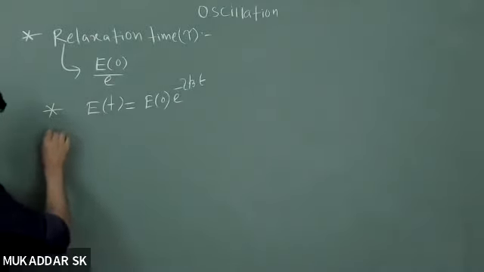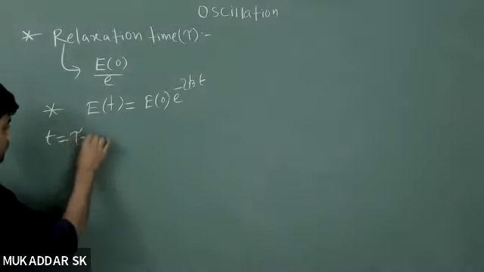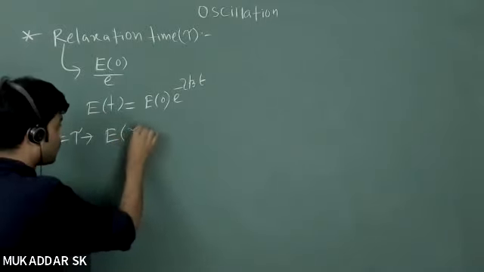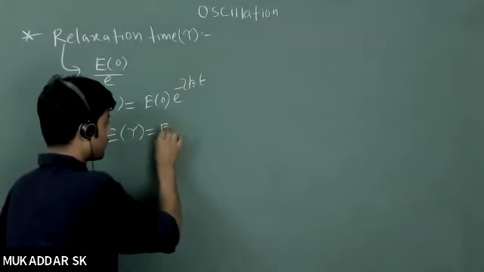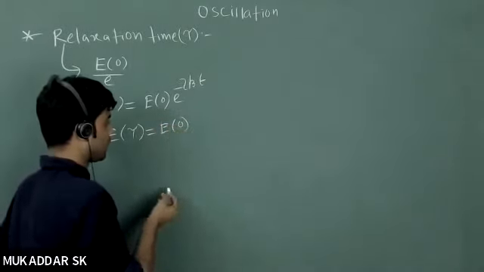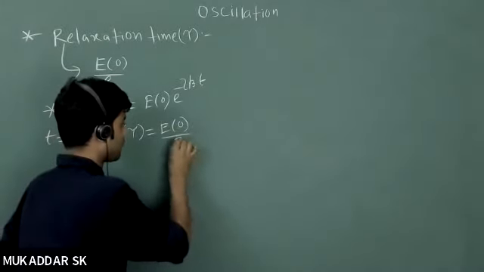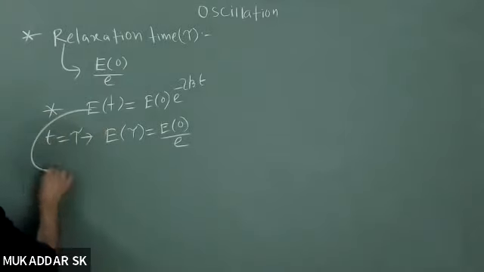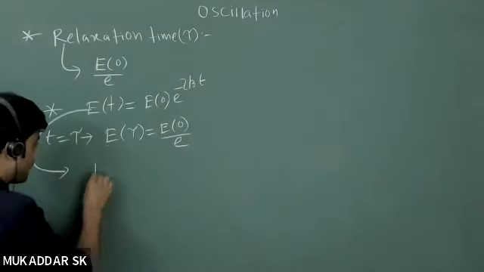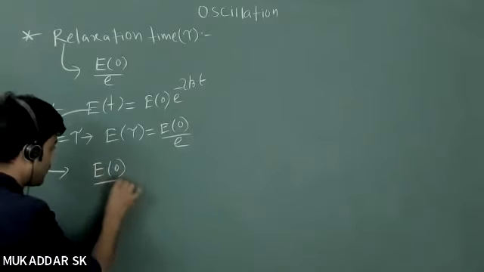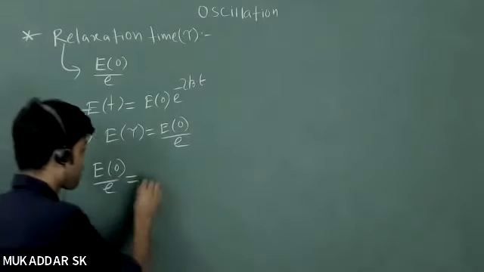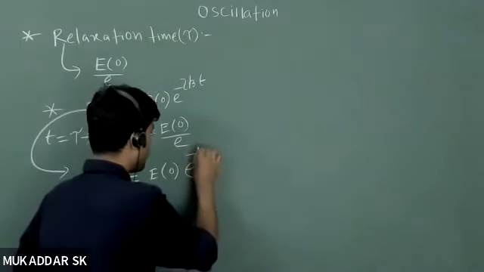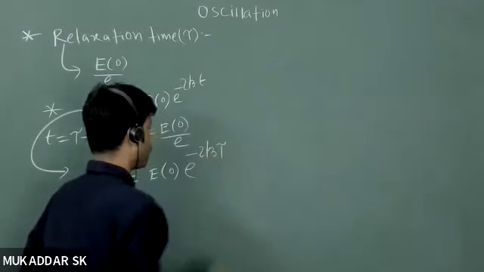So when t equals tau, E(tau) will become the initial energy divided by e. From this expression I can write E naught by e equals E naught into exponential minus 2 beta tau.